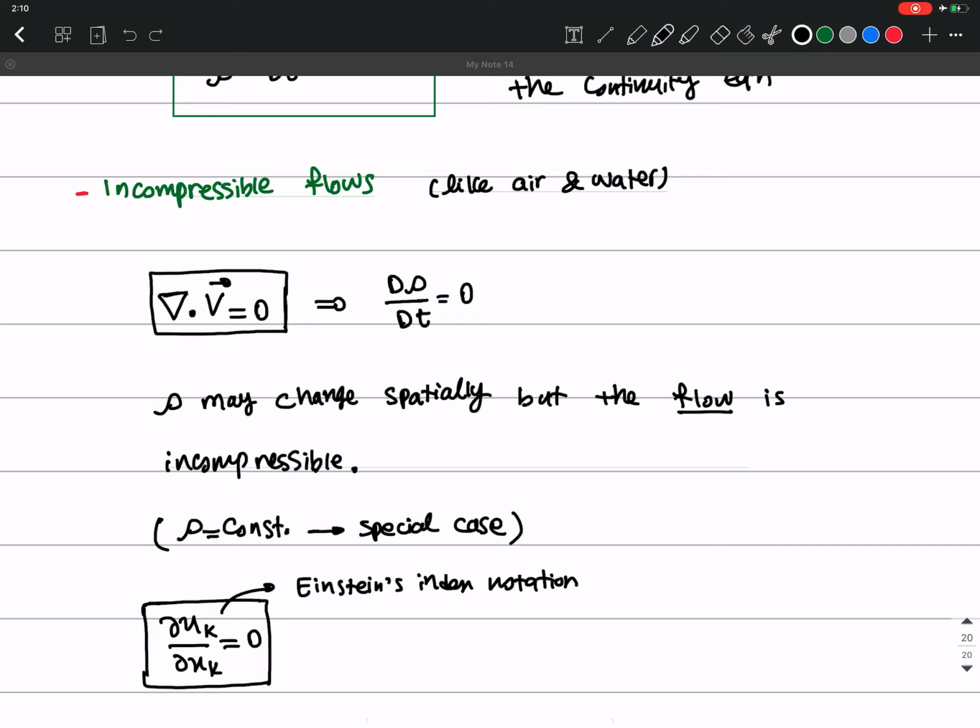We can write them using Einstein's index notation, which I think is easier to understand, because here you can show it with an index like k, and this index just shows a sum. So k goes from 1 to 3: partial u1 over partial x1 plus partial u2 over partial x2 plus partial u3 over partial x3 equals 0.